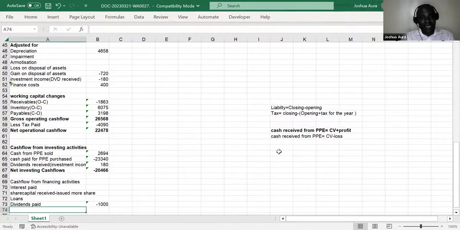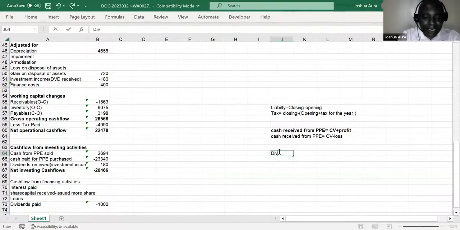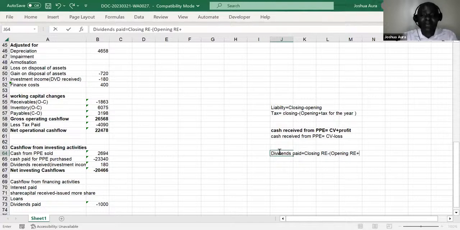Listen here, let me write this down. To get dividends paid, as a financing item, this is normally what we do. We take closing retained earnings, we say minus open brackets, opening retained earnings plus profit for the year, and then we close like that.